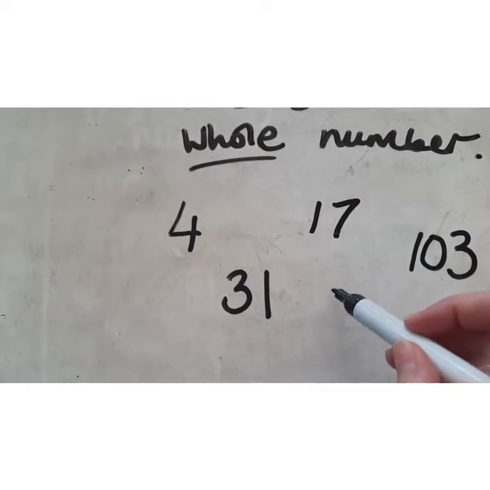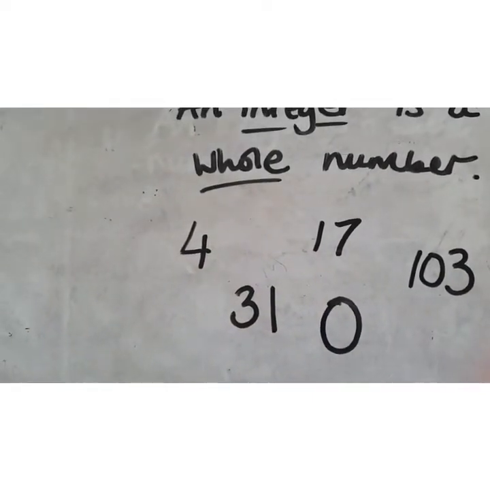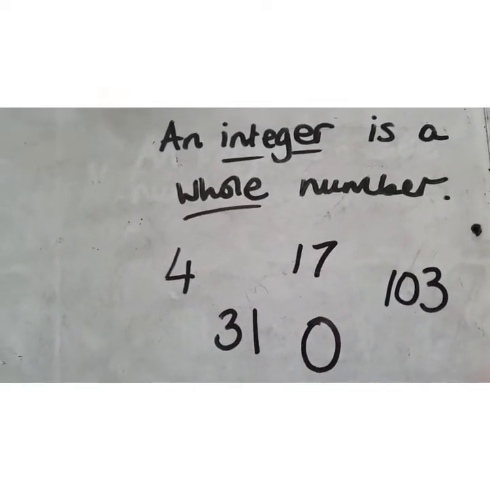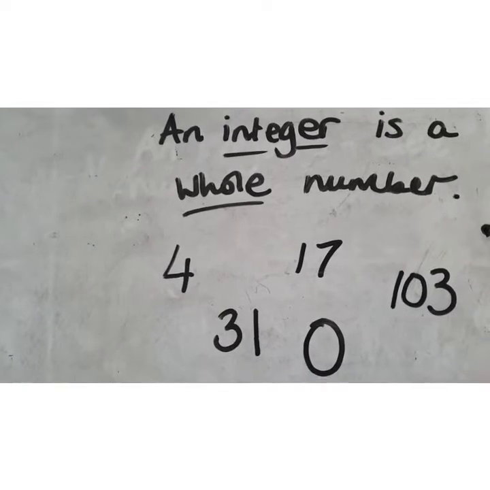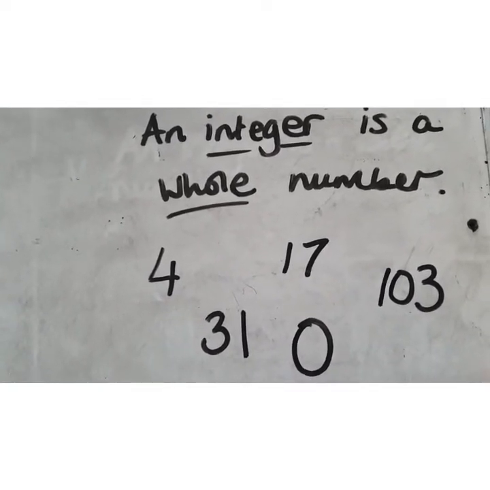It can even be as low as 0. Okay, so they are numbers that don't have any additional decimals or fractions. They are whole amounts. So when you hear me say the word integer today, I am talking about whole numbers.